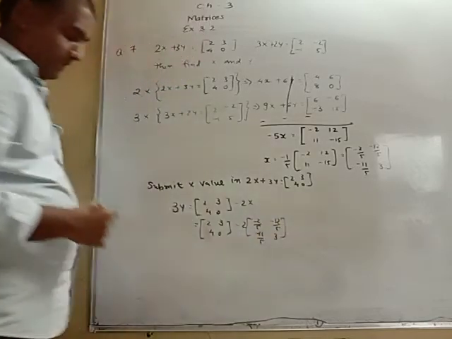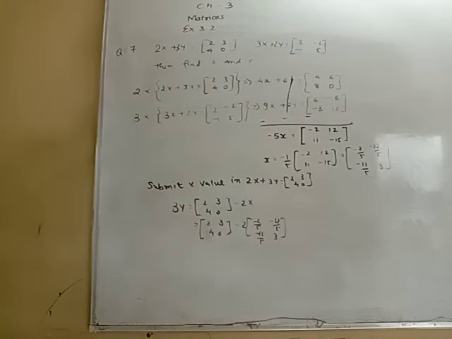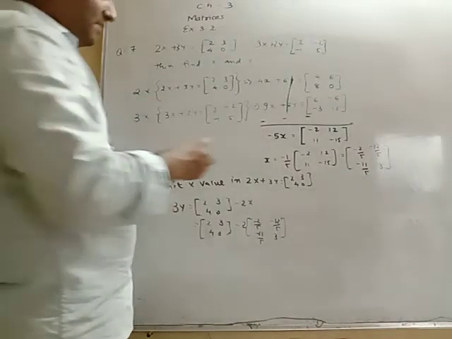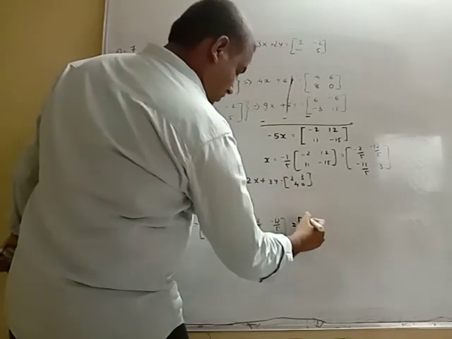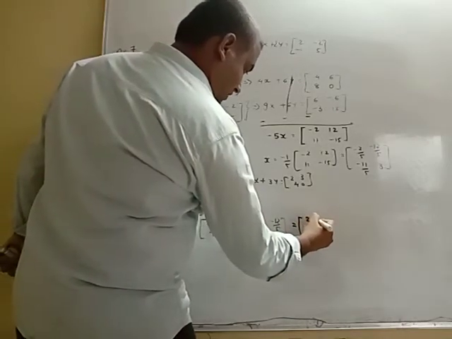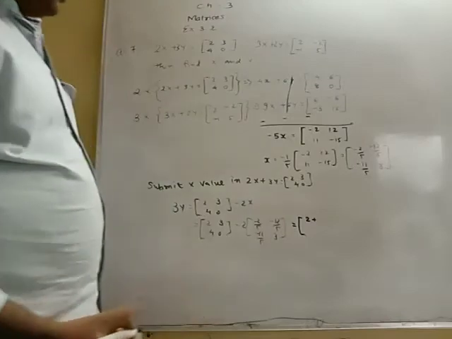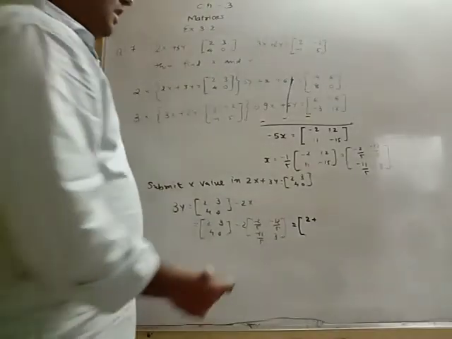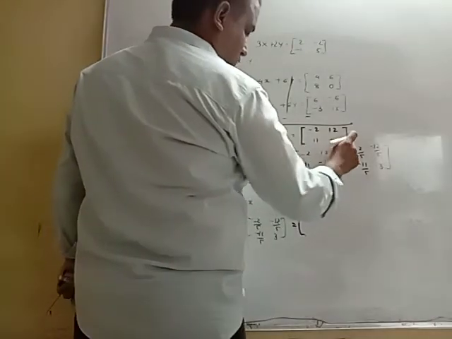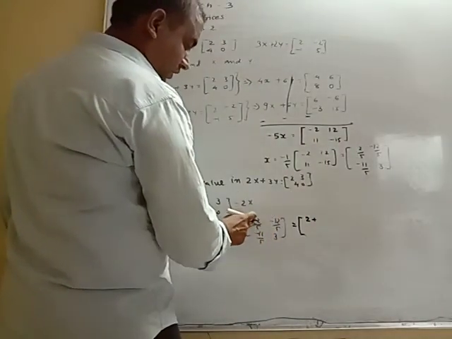So it will be minus, then 2 minus minus, plus, sorry, here minus minus plus, so plus 2 by 5.